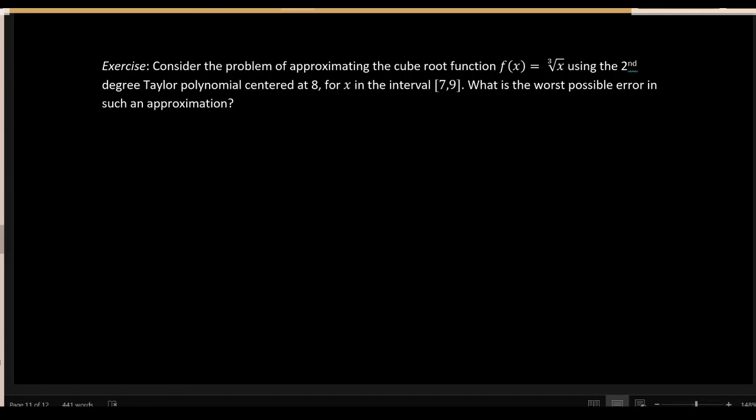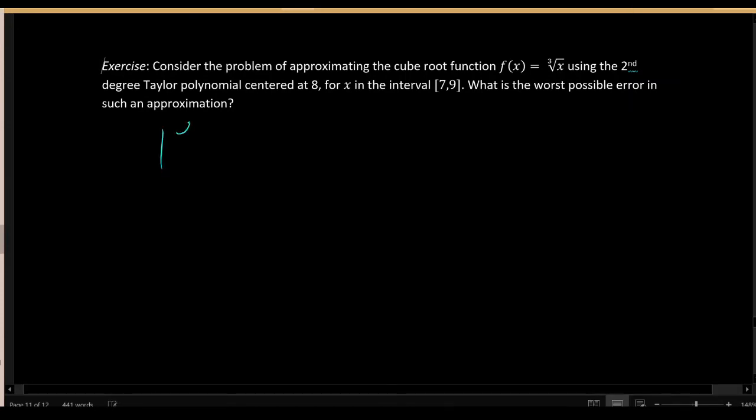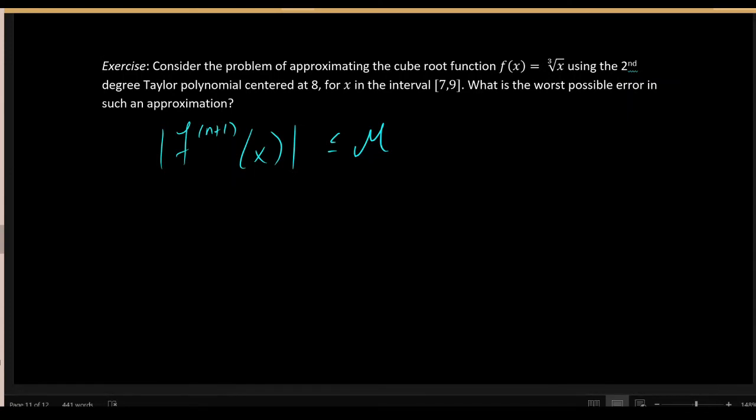And really what I would like to get at in this problem is how to deal with the magnitude of the n plus first derivative of the function when the function is not something as simple as sine or cosine or some variation thereof.